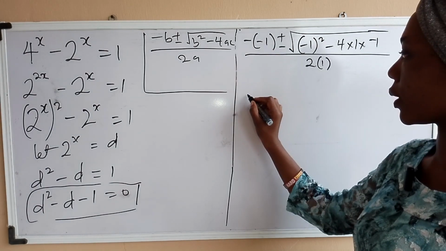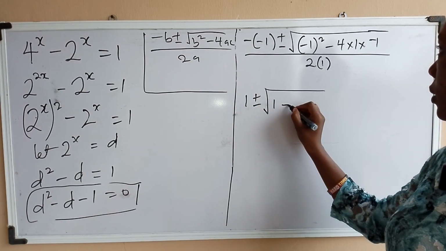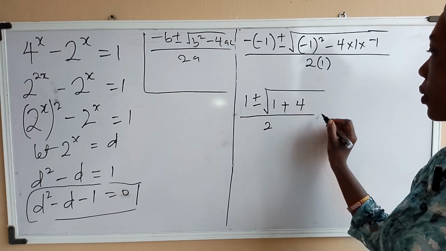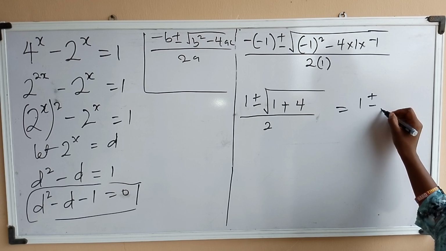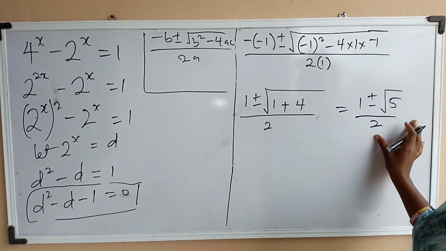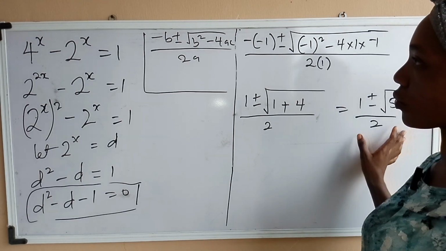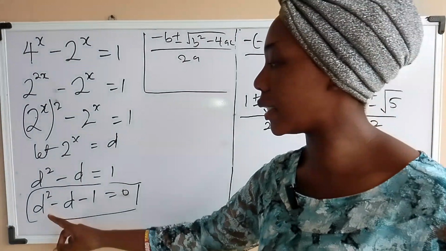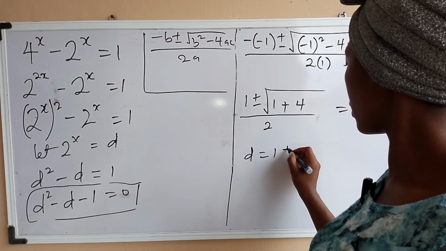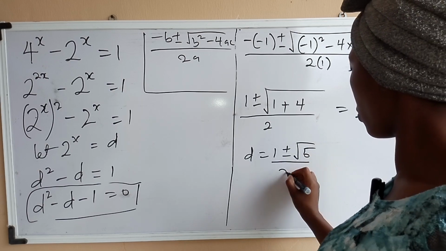So when we add this, we have 1 plus or minus square root of 1 plus 4 all over 2. This will give us 1 plus or minus square root of 5 all over 2. So this is what we got. So from here, the values for d is 1 plus or minus square root of 5 all over 2.